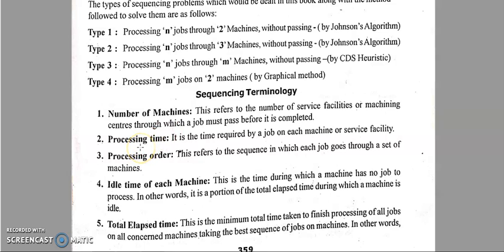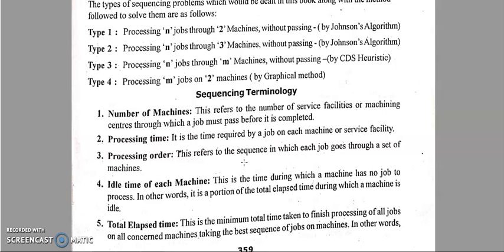Second is processing time. It is the time required by a job on a particular machine, or you can say the time required by a job on each machine. Third is the processing order. This refers to the sequence in which each job goes through a set of machines.